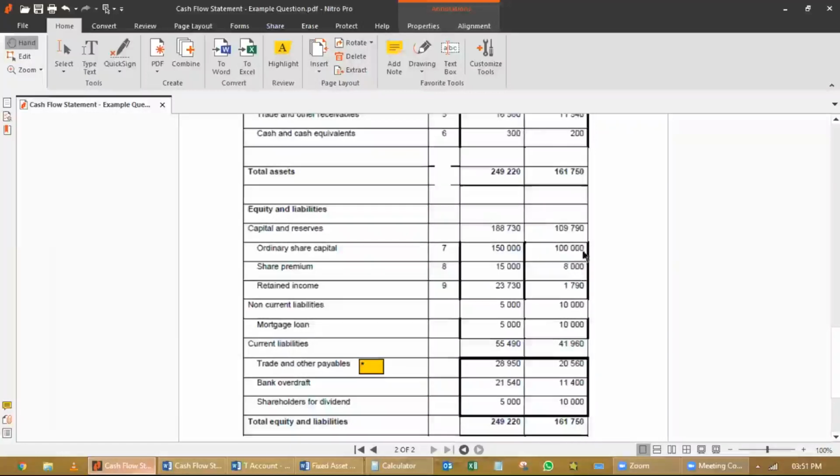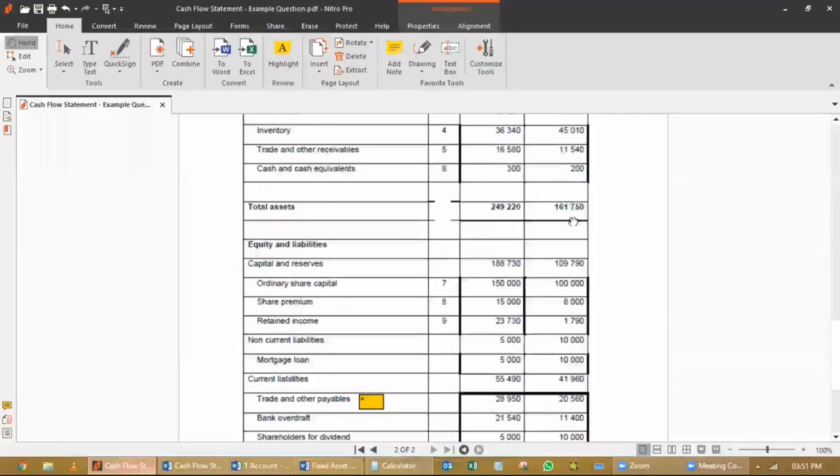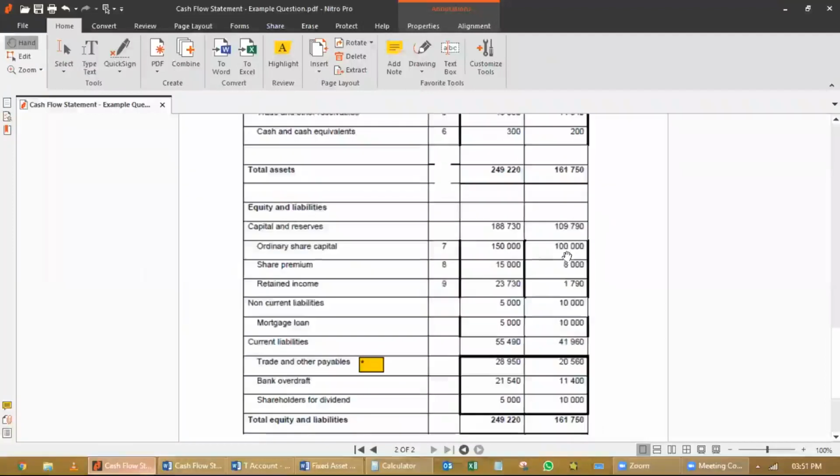At the beginning of the year will be both of these, and the end of the year. So what was the change in both of those? If you look at the change in my ordinary share capital, it went from 100,000 in the beginning of the year to 150,000 at the end of the year. So there was an increase.